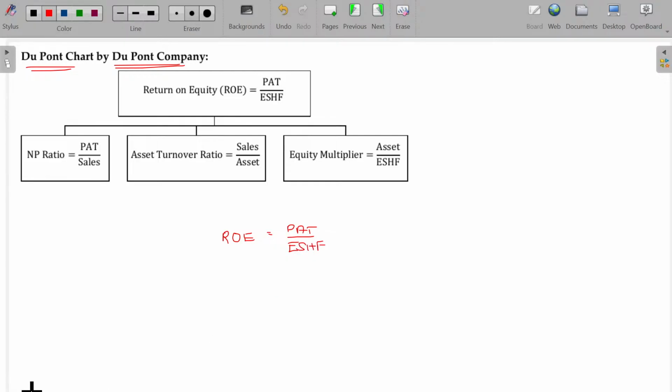Now, to improve the return on equity, what are the factors to be considered? DuPont has 3 major things contributing to the improvement of ROE. One is profit. If the company gives more revenue, definitely earnings available to the equity shareholders will increase. That is called NPM, net profit margin. The formula being PAT by sales.